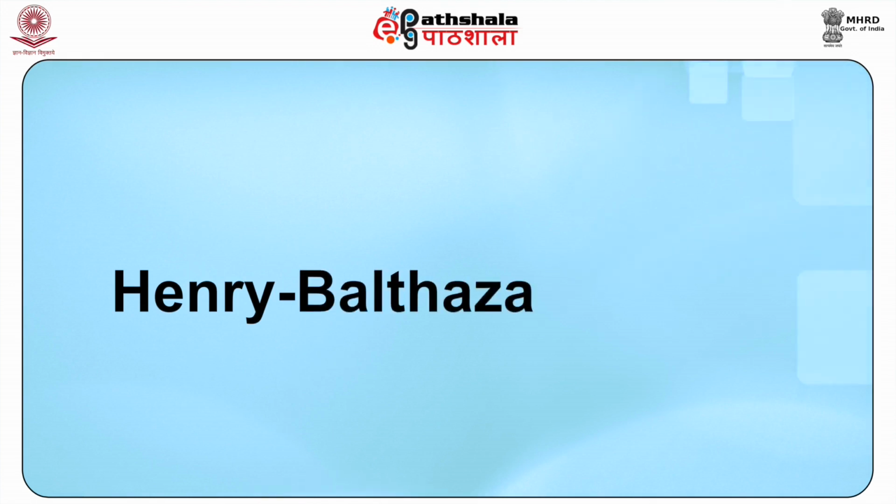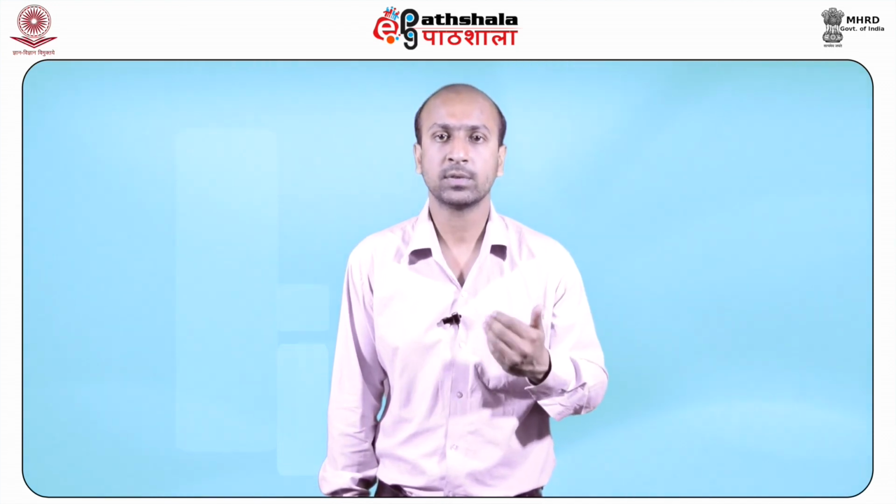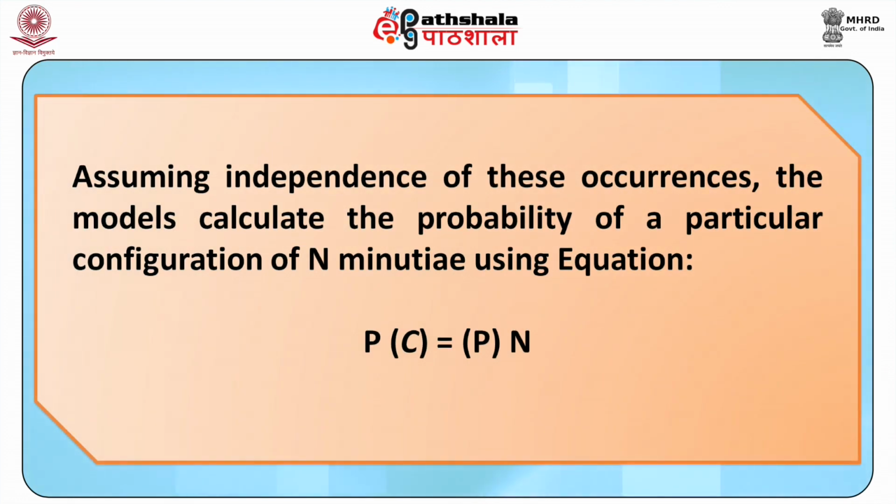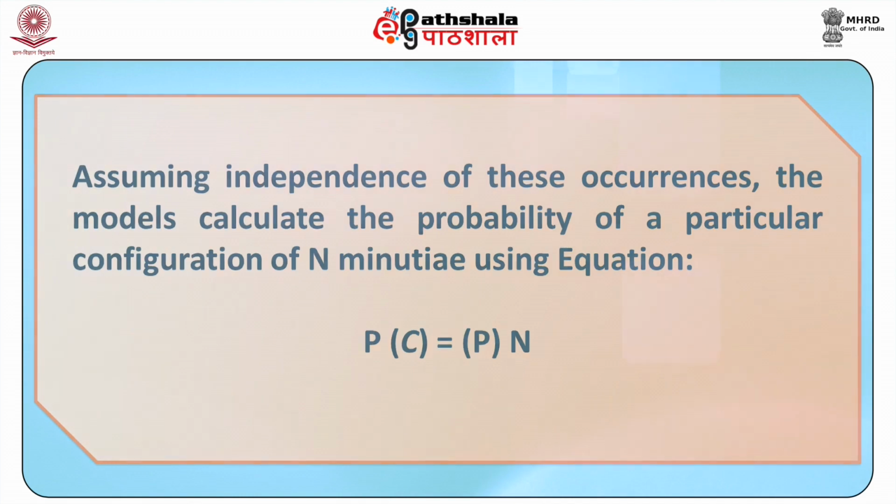Henry-Balthazard Model. The Henry-Balthazard approach is used in 6 closely related, fairly simplistic models for fingerprint individuality. Each employs a fixed probability p for the occurrence of one minutia. Assuming independence of these occurrences, the model calculates the probability of a particular configuration of n minutiae using the equation P(C) = p^n.